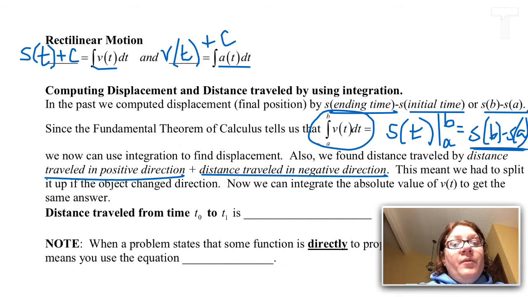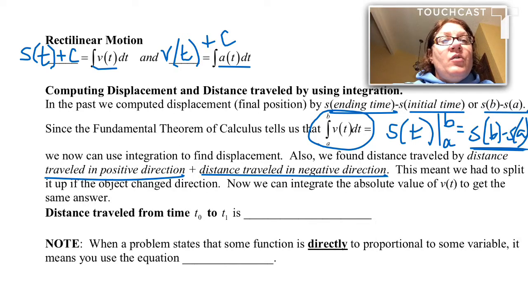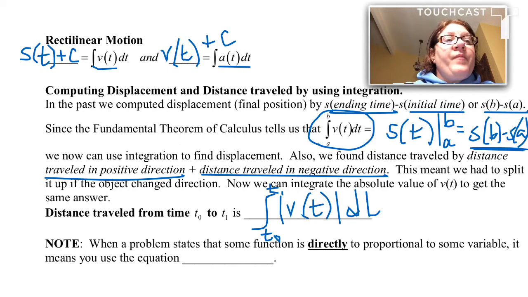So now I could actually do that by simply integrating from time 0 to time whenever I'm interested in, and I'll integrate the absolute value of my velocity to get my distance traveled.